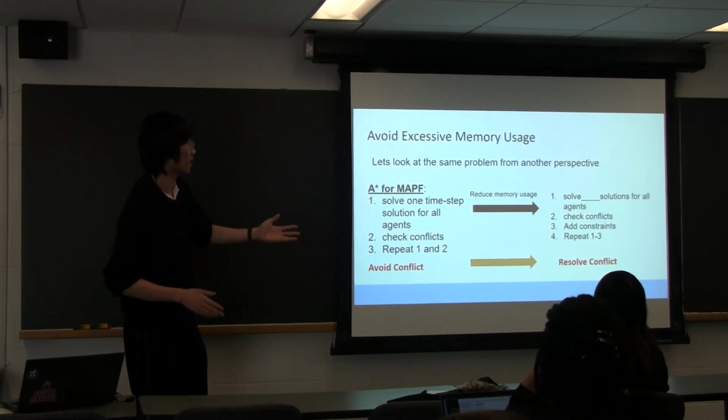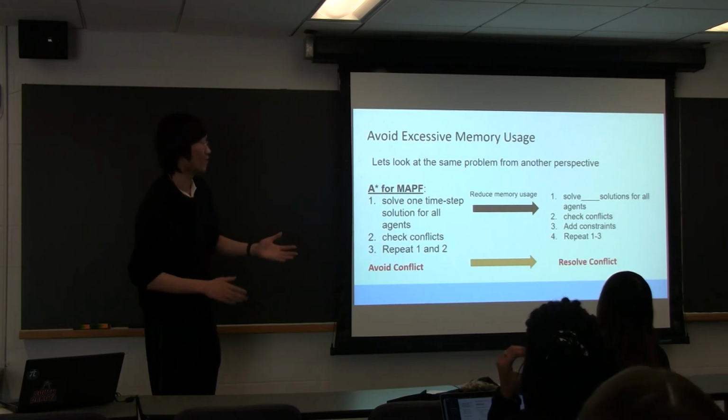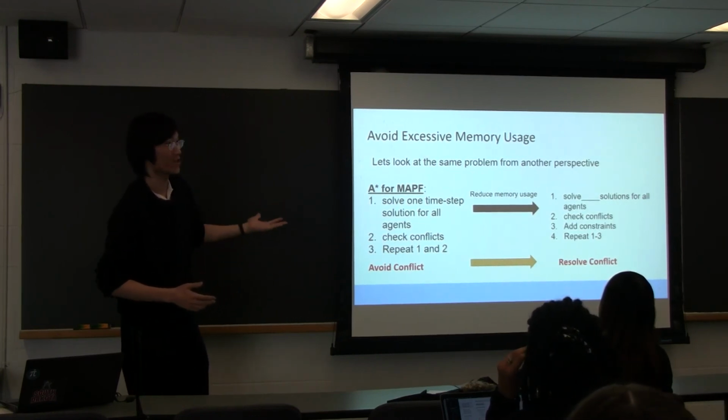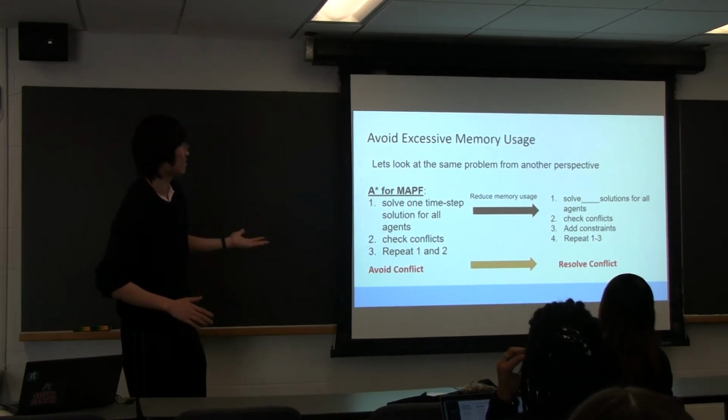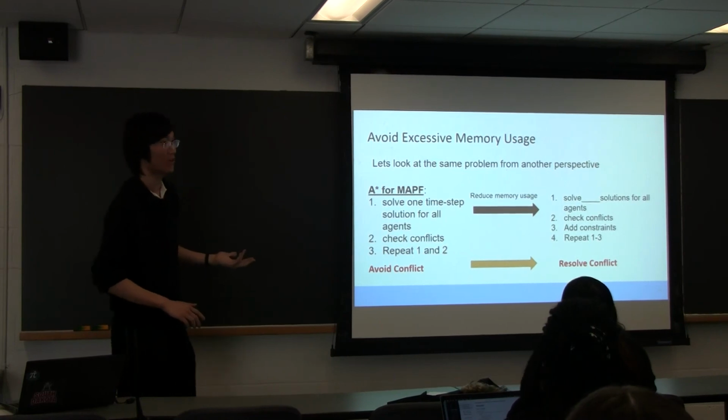Here we try to solve some solutions for all agents. We check conflicts, and we somehow add constraints, and we repeat that. So the difference between the 2 algorithms: one, we try to avoid conflict. The other one, we try to resolve conflict. Anyone has any idea?